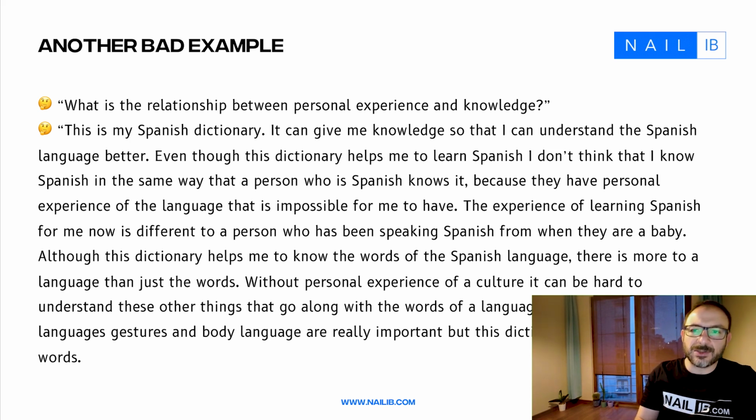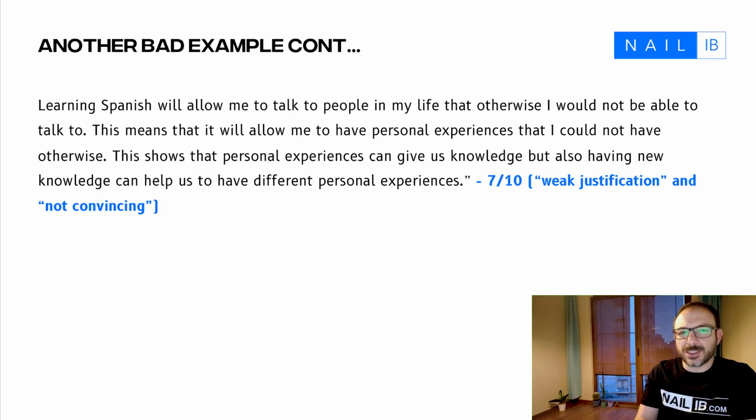So basically, the student compares the person who lives in Spain or any Spanish-speaking country, the way that they learn the language and are exposed to the language, to the dictionary. The question is, what is the relationship between personal experience and knowledge? So the justification is weak, as we read in the examiner's comment, and it's not convincing.